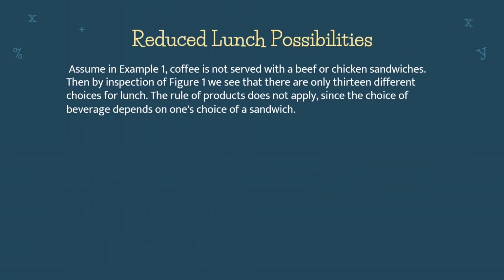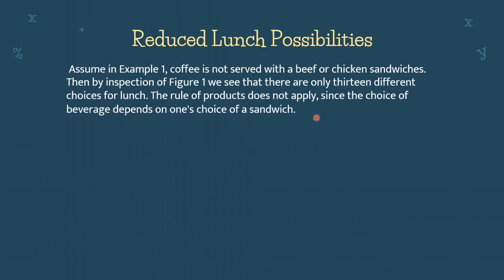What if we reduce the lunch possibilities? So, assume in example 1, coffee is not served with beef or chicken sandwiches. Then, by inspection of figure 1, which is our tree diagram, we see that there are only 13 different choices for lunch instead of 15. So, the rule of product does not apply here since the choice of beverages depends on one's choice of sandwich.